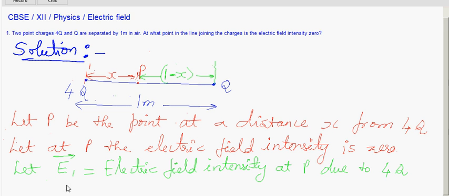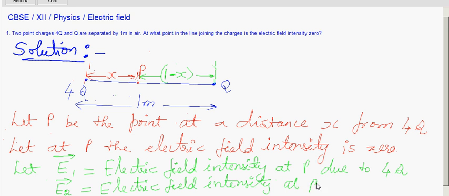Let E2 be the electric field intensity at P due to q.